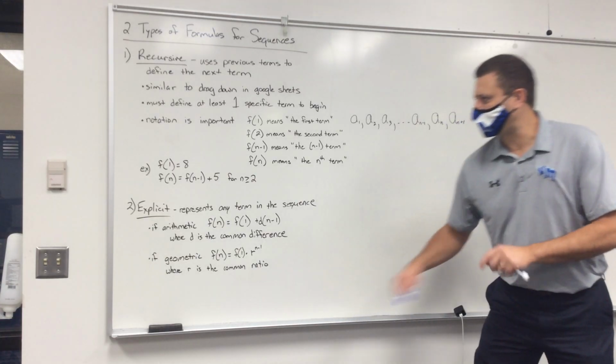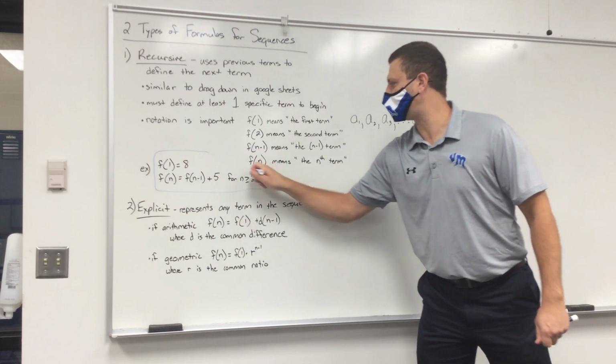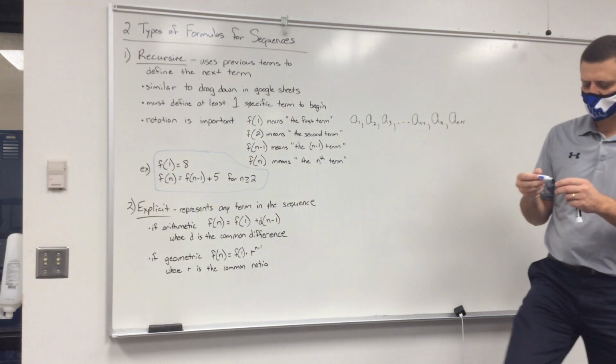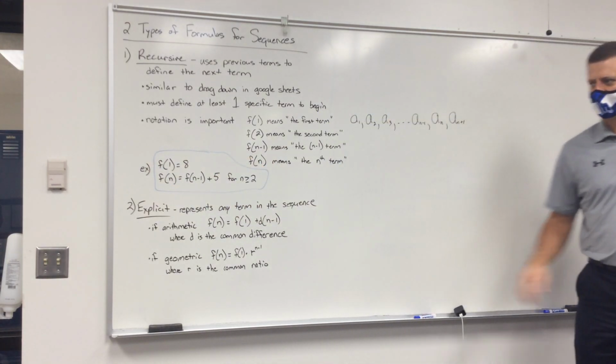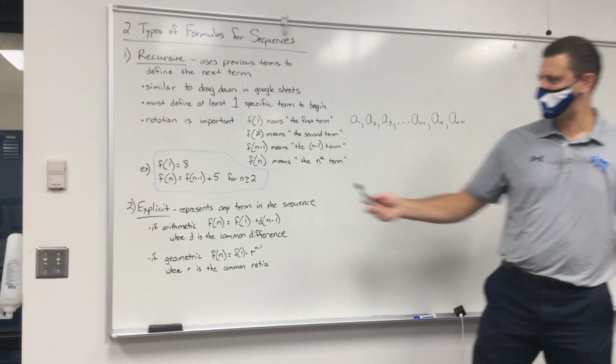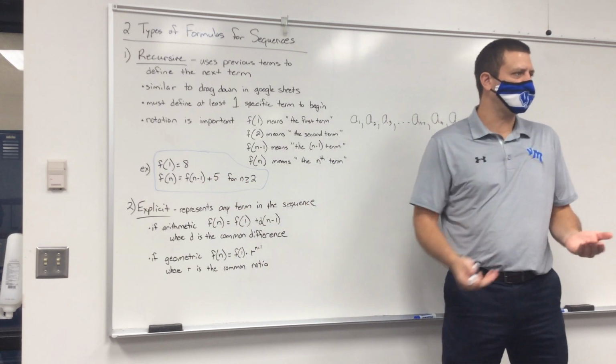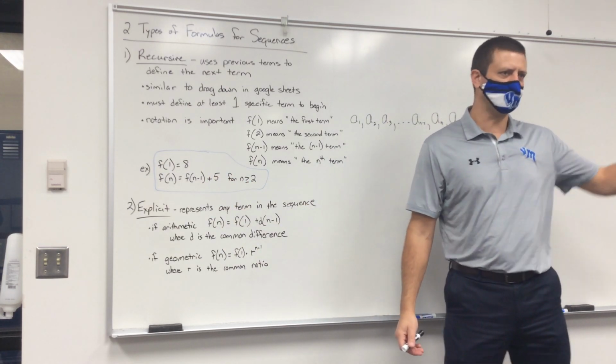Right here is an example of a recursive rule, a recursive formula. That's an example of what a recursive formula might look like. Here's what it is saying. f of 1 equals 8. All that's saying is, hey, the first term in the sequence is the number 8.